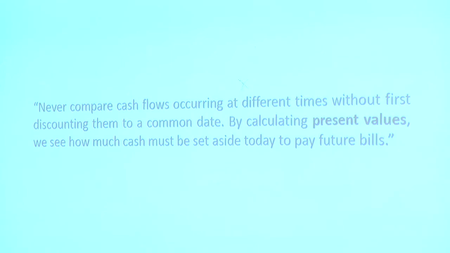All right. So if it's $200 next year and $200 10 years later, you cannot add them and say, oh, I have $400 today. That's not allowed. You have to discount them all to today and add them up and see how much money you have today. So suddenly, cash has another characteristic, which is time.